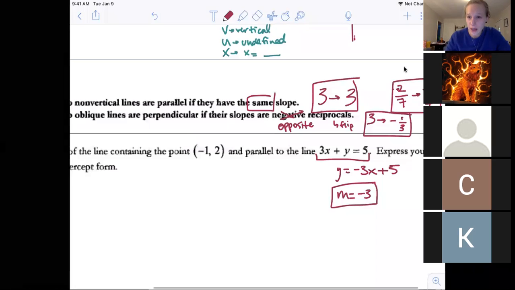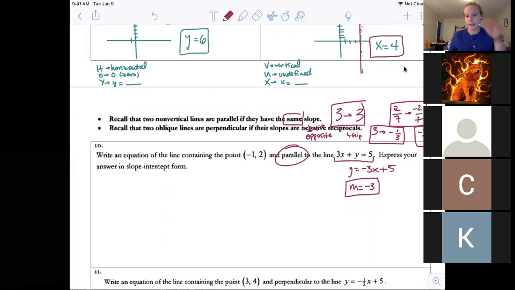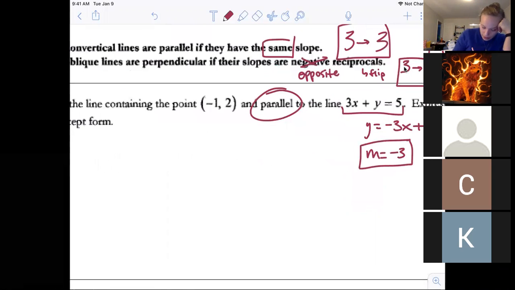Okay, if it's parallel, am I going to use -3, or do I have to do the opposite reciprocal? This is for anyone, not just Colin. You're going to use -3. Good, Kate. Because it's parallel, I'm going to use the same thing. And now we need to find my slope-intercept form. So if I'm going to put it in point slope form, y minus y1 equals m times x minus x1.